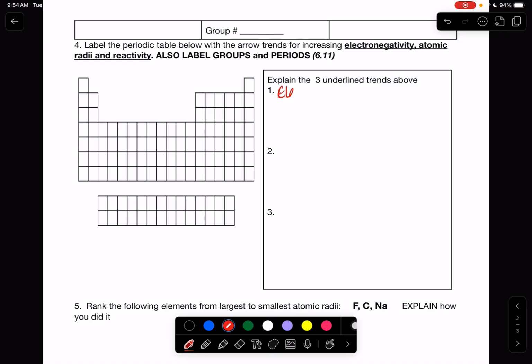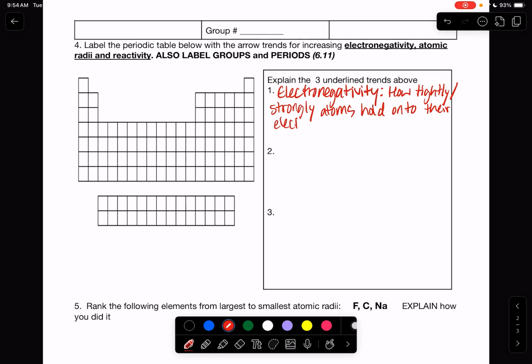Electronegativity is how tightly/strongly atoms hold onto their electrons.